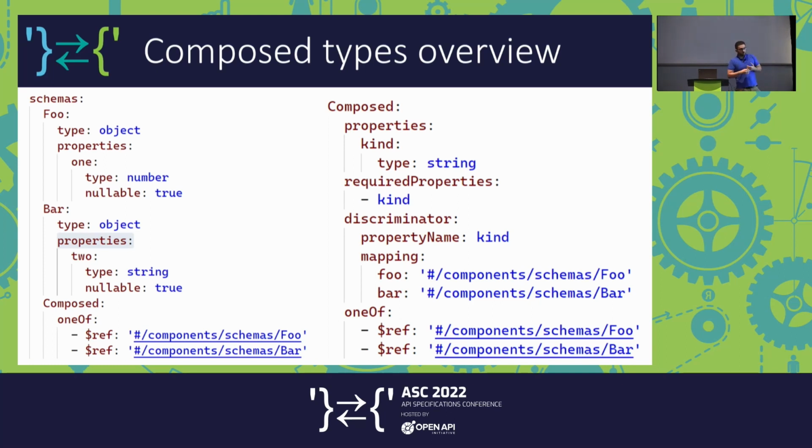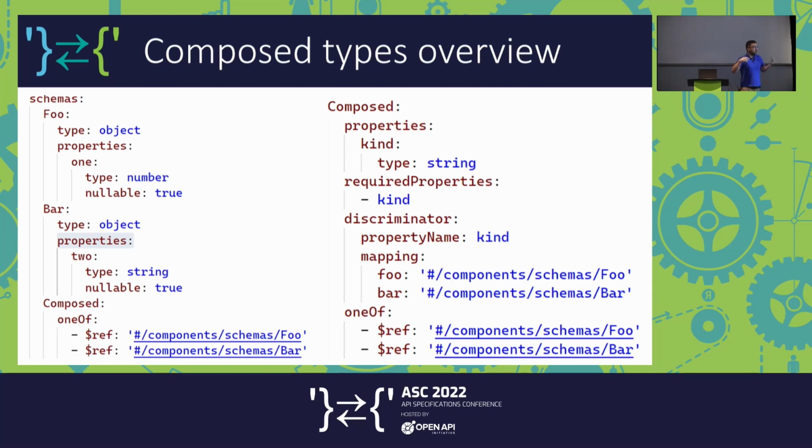And so the opinionated decision we've made in Kiota is, if you want to support composed types, you have to give us the discriminator. You have to give us a mapping between the schema type and some property that will also come back at runtime to allow us to tell, yes, it's a foo or it's a bar.